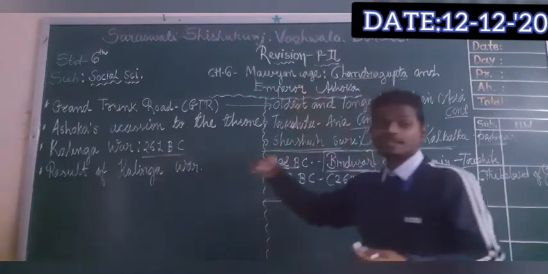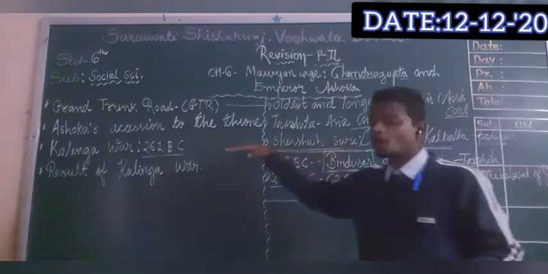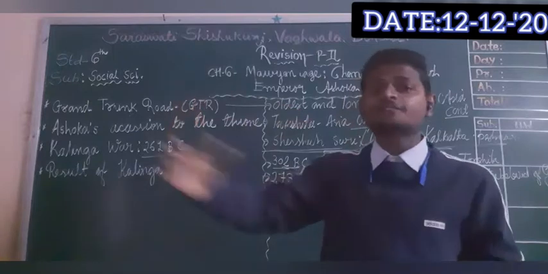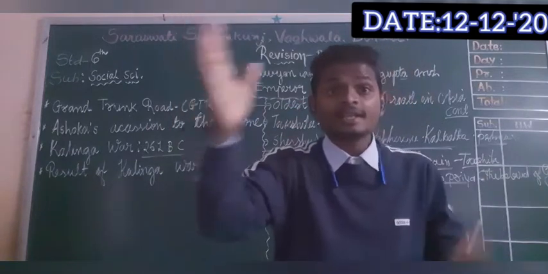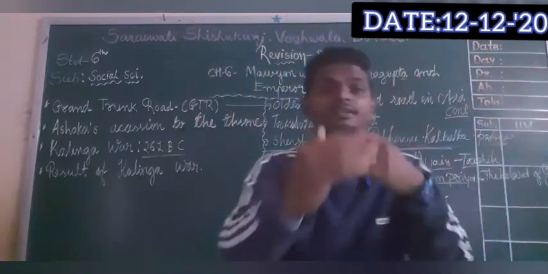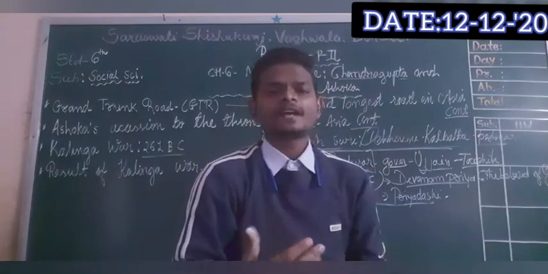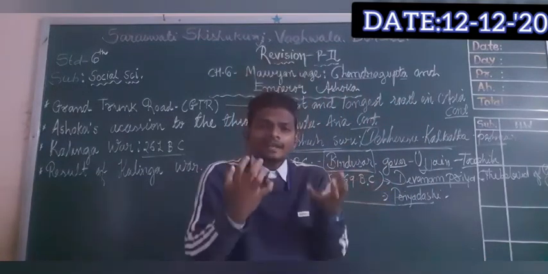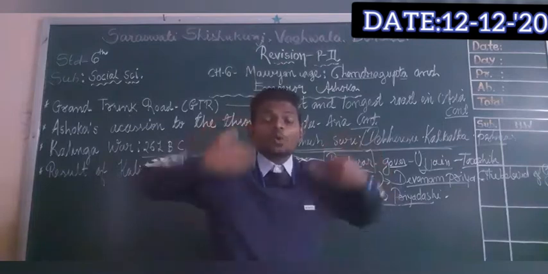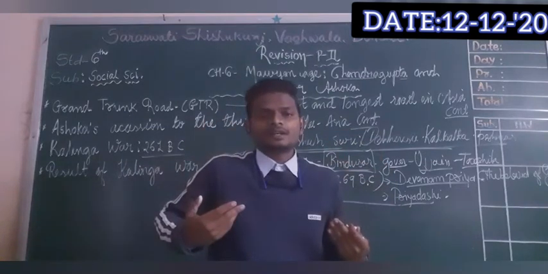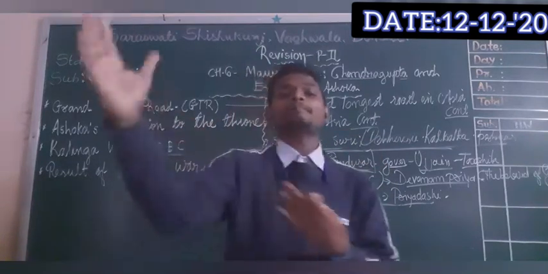Why? We have discussed how the war of Kalinga changed the life of Ashoka, changed the mentality, changed the ideology, changed the way of living. And how it really affected his whole life and affected their whole empire.